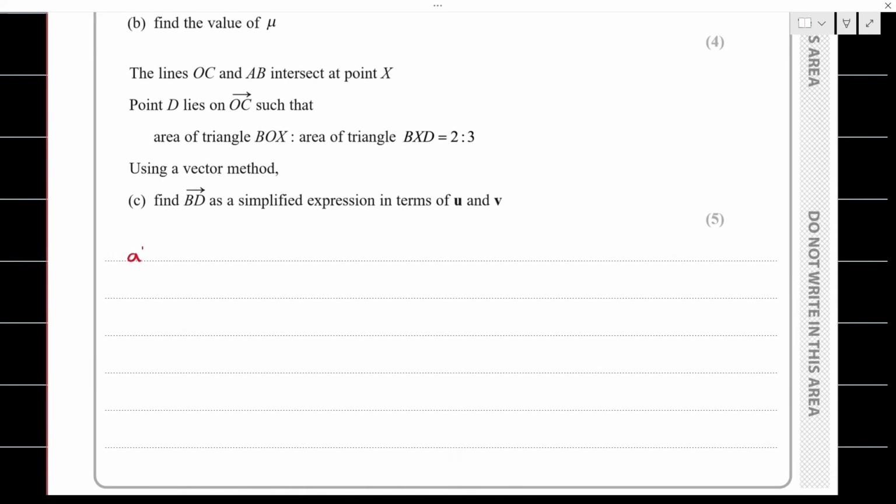So to do that, I can write that AB vector is equal to AO vector plus OB vector. I can write the AO vector as minus OA vector. The reason I can write it like this is because the AO vector is just opposite in direction to the OA vector.